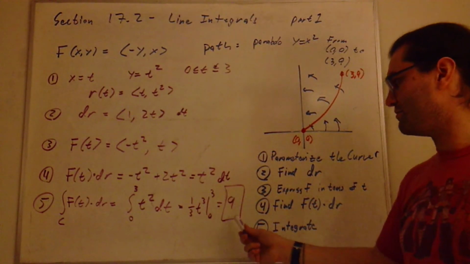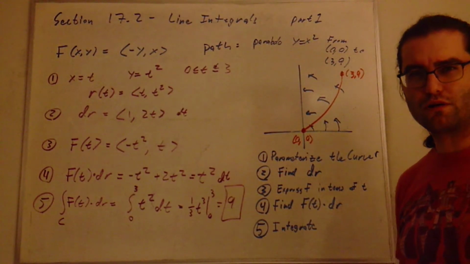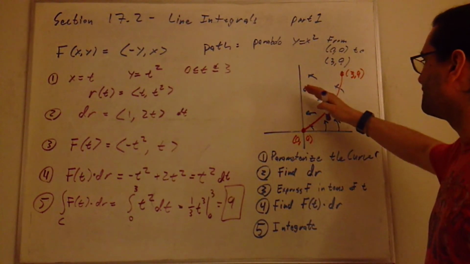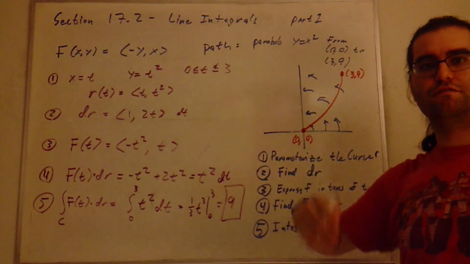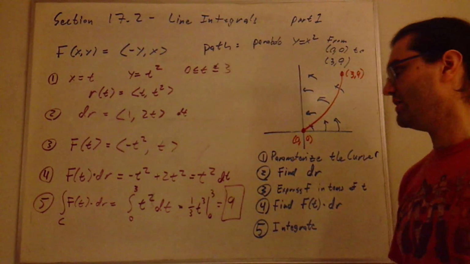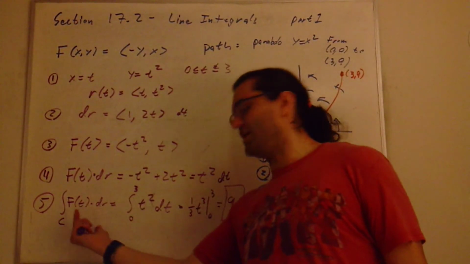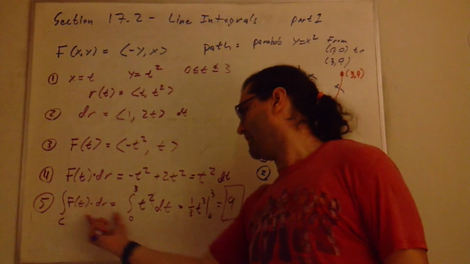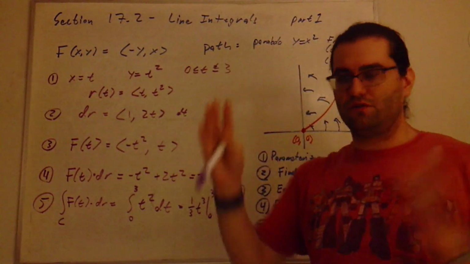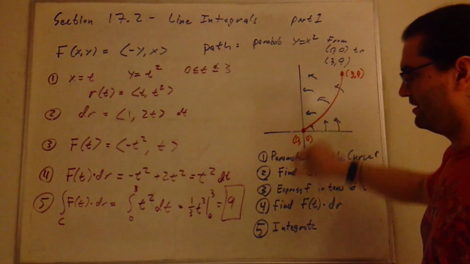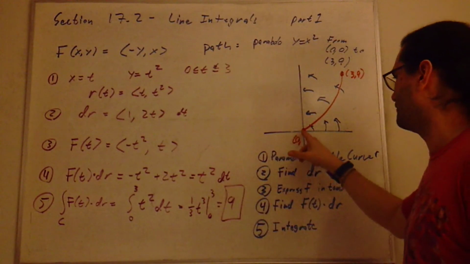Usually the units you attach to this are units of work, because the vector field represents a force and the path represents a distance, and so when you multiply them you get a unit of work. Work is force times distance, and then you integrate it and it just adds up all the little pieces of work you do at all these tiny little steps, and you get the total work to move from here to here.